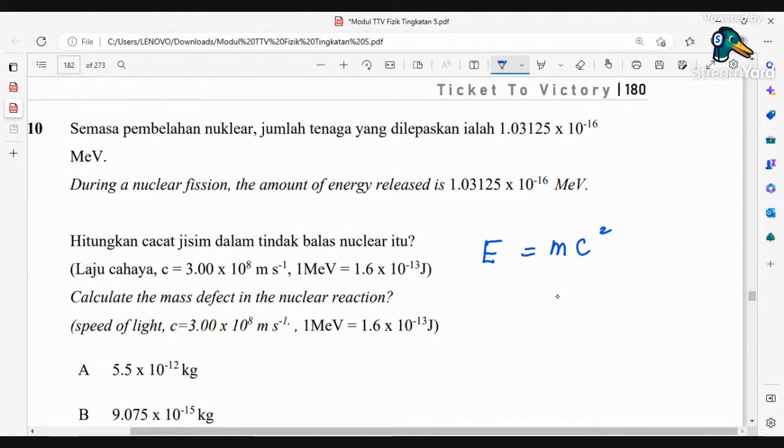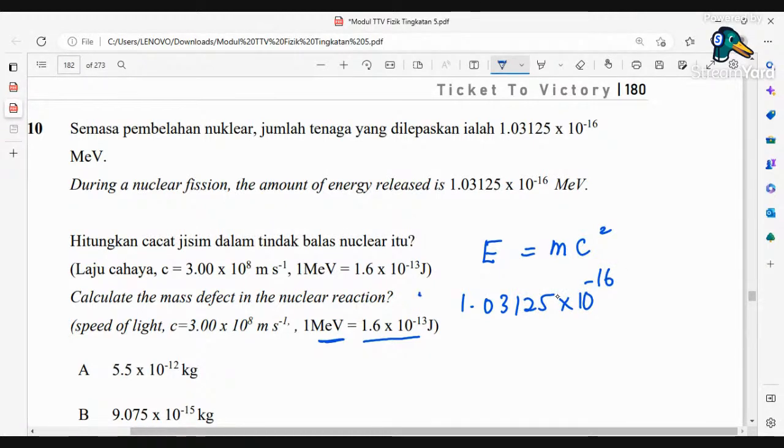Okay, 1 mega eV equals 1.6 times 10 power negative 13. So you need to convert to joule first, tukar pada joule. So 1.03125 times 10 power negative 16.